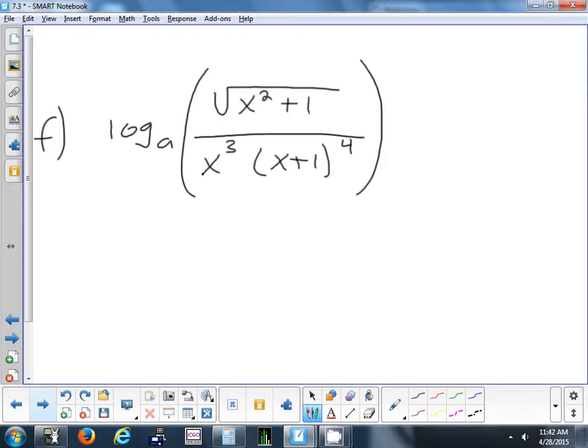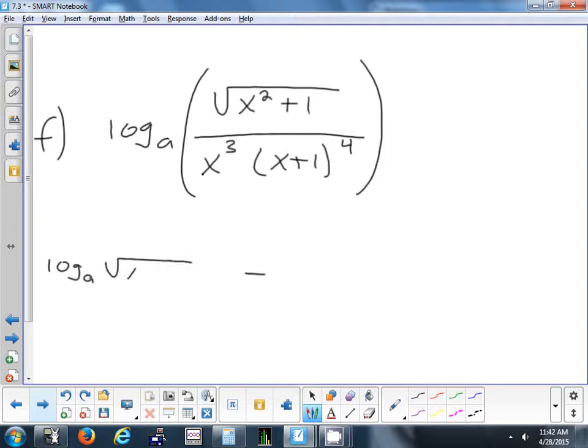Although if you just look at it one step at a time, you're just going to do each thing one step at a time. Okay, look inside these parentheses. Overall there, do you have multiplication or do you have a fraction bar in there too? Division. Yeah, you've got division. All right, so you're going to subtract 2 things. It's going to be the log of the top.